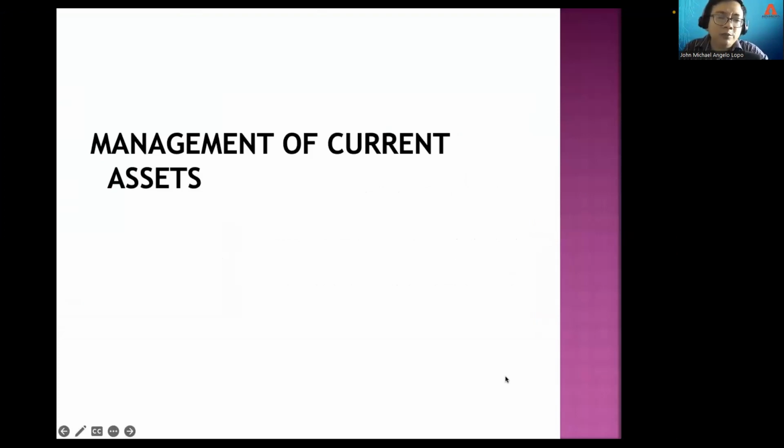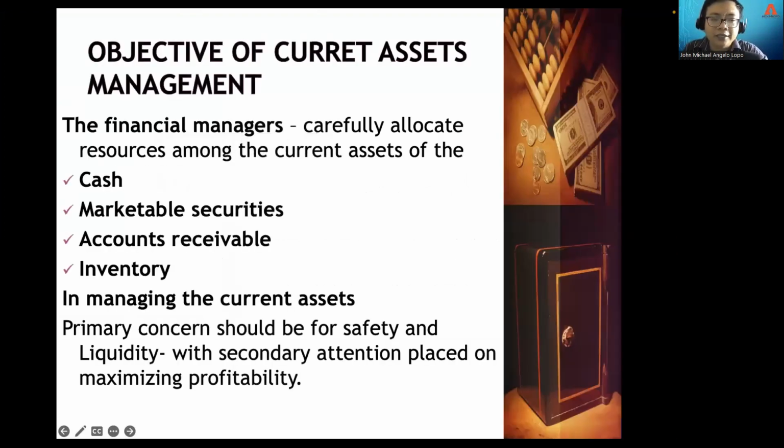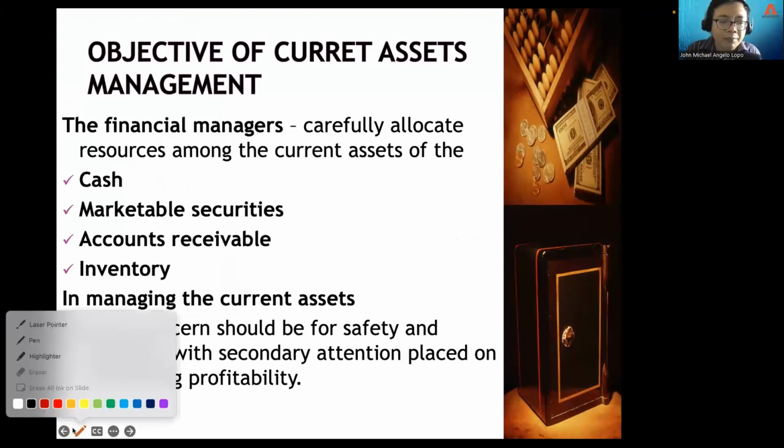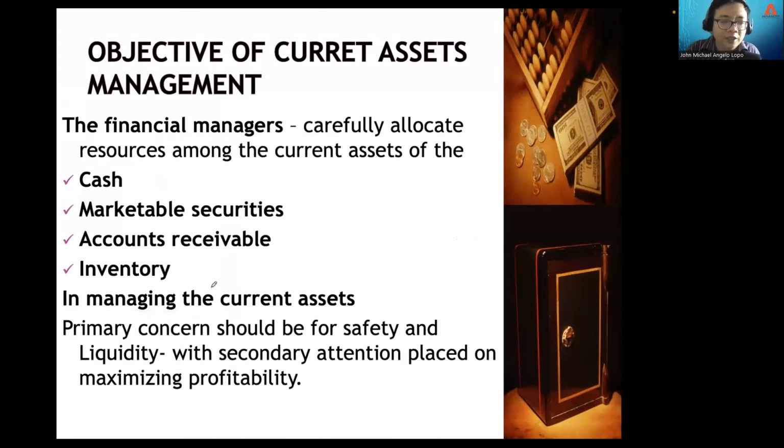Okay. In terms of the management of your current assets, these are the composition of your working capital. What are they, class? You have your cash, your marketable securities, your accounts receivable, and your inventory.